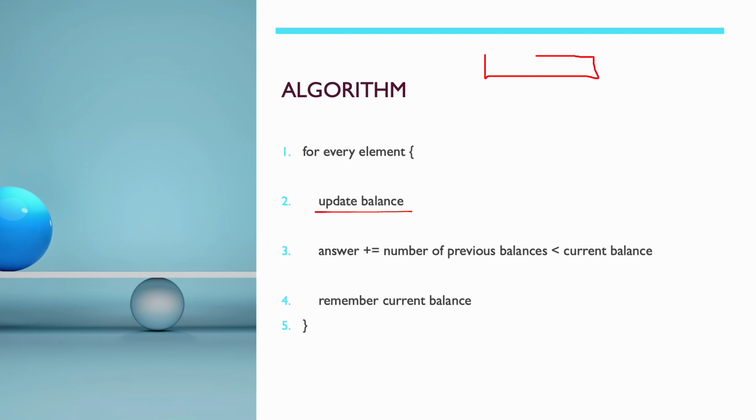The question says that we have an array and we have some target, let's say T. In this array, we have to check for how many sub-arrays the count of T is greater than half of the length of the sub-array, so L by 2, where L is the sub-array length. Whatever sub-arrays this equation holds true for, we have to return the total number of those sub-arrays. So this is the entire question.